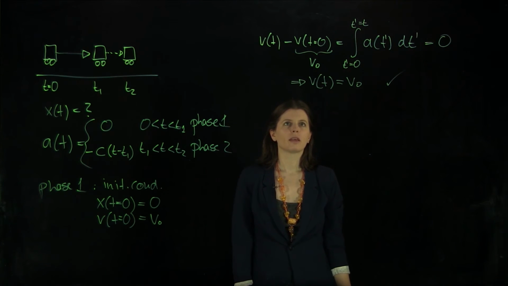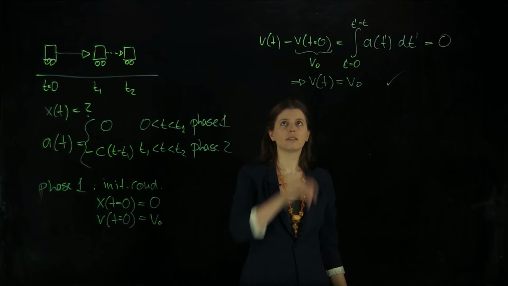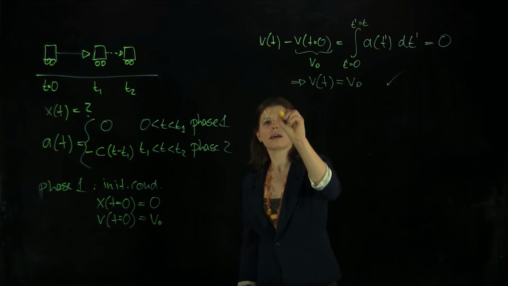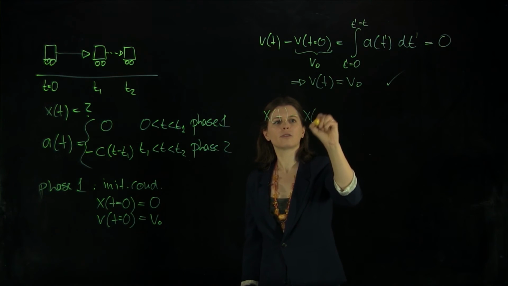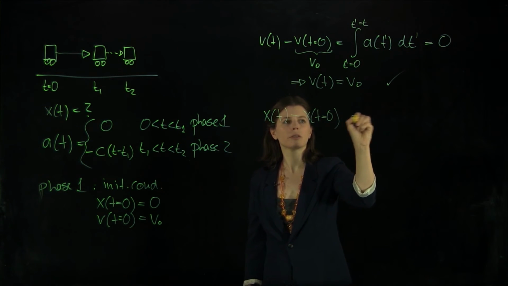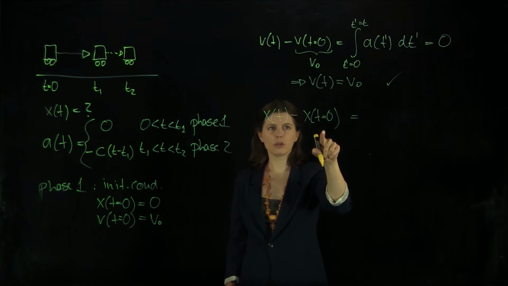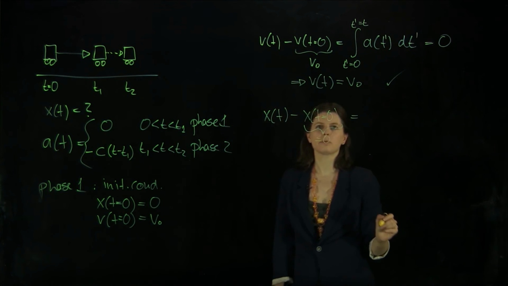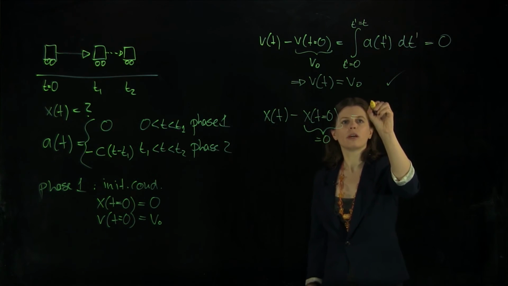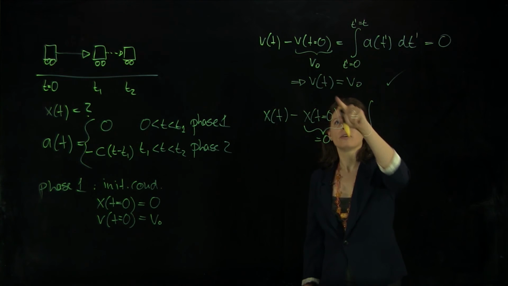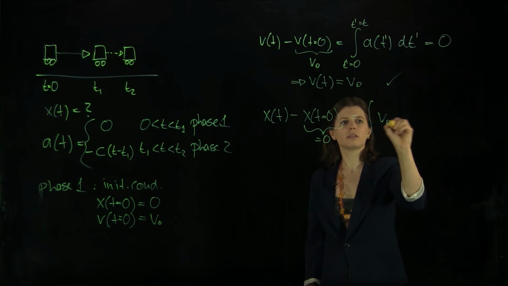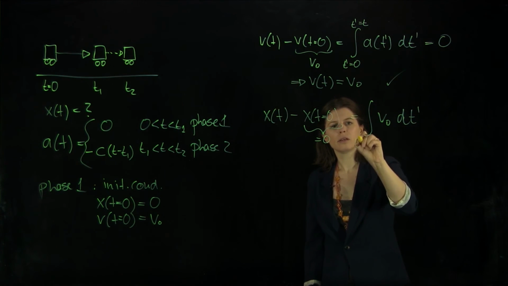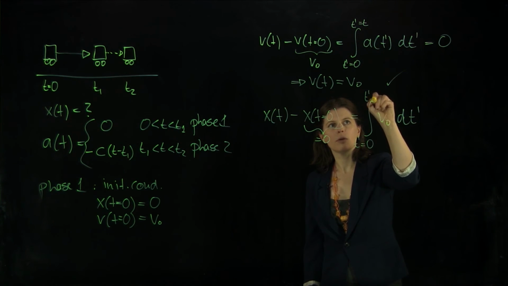All good. Now we need to integrate this to get to our position function. Same thing again, x of t minus x of t equals 0. Let's quickly check here what we know about x of t0. Well, it's 0 from the initial conditions. And now we have to integrate our velocity function here, v0 dt', again t prime equals 0 to t prime equals t.